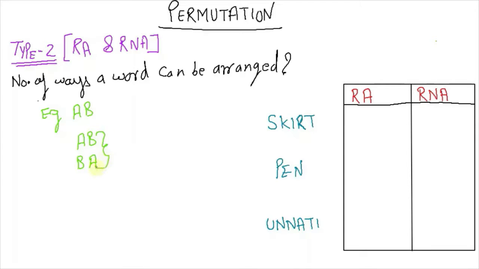So there are 2 ways, which means 2 factorial. In case repetition is allowed, the ways to arrange them are AA, AB, BA and BB. So there are 4 ways.